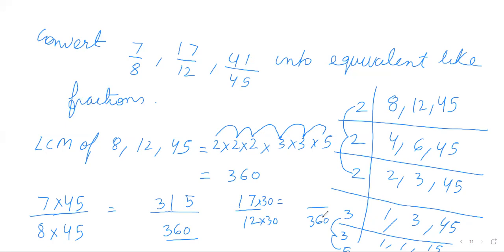Okay, so what is the numerator? Ma'am, 510. Correct. So we are left with 41 by 45. What should I multiply in numerator and denominator so that I get 360?